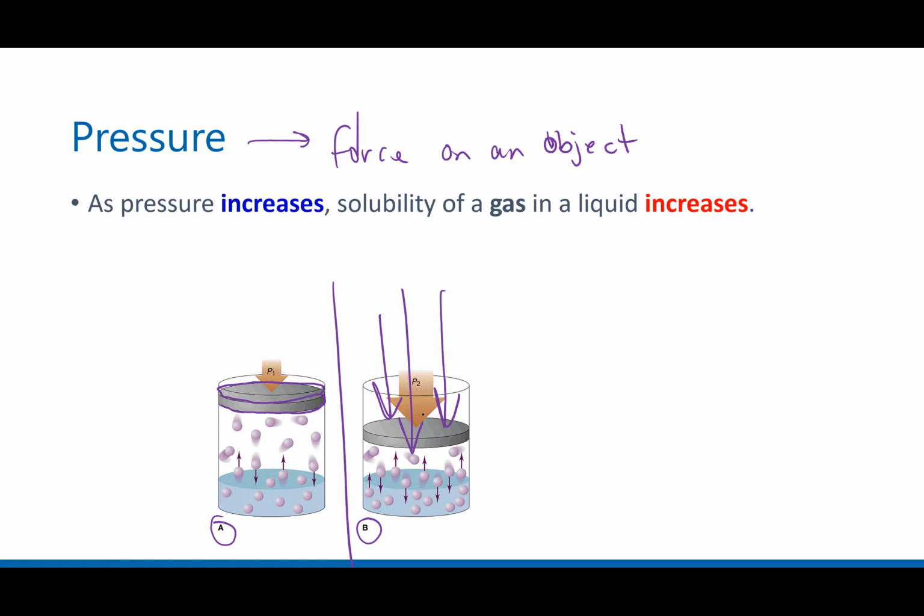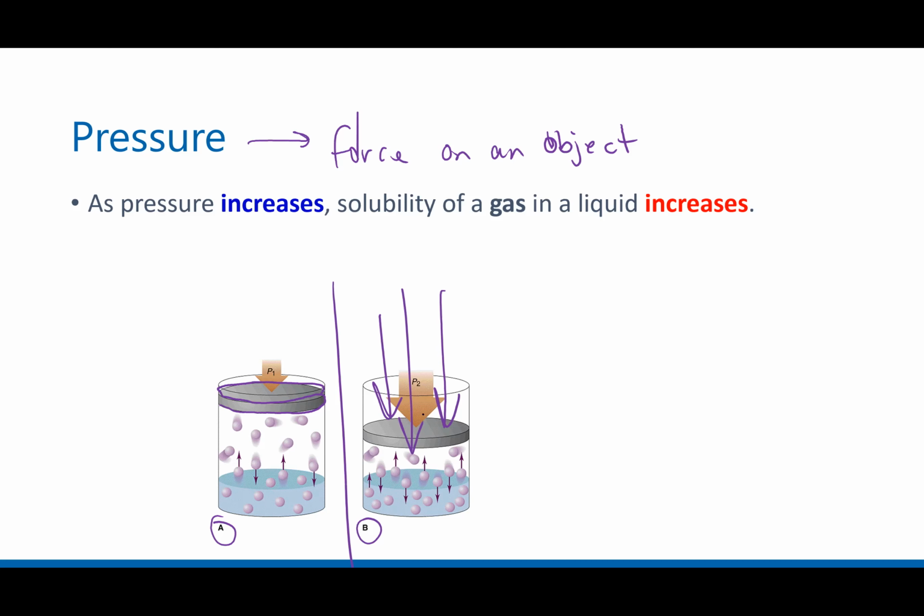So when you open up that can of Pepsi or Coke, that hissing sound is a lot of the gas escaping, because it's under so much pressure and that pressure has been released. The minute you open up a Coke or Pepsi, that sound is the pressure being released and all of those CO2 molecules that were forced in the solution can now escape.